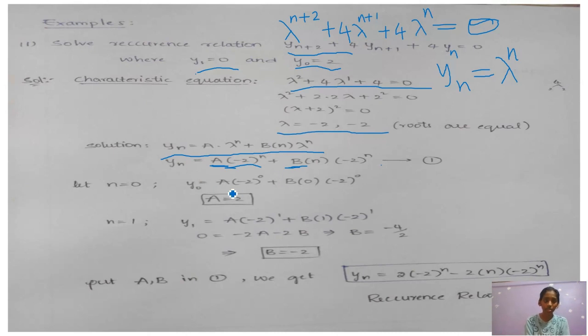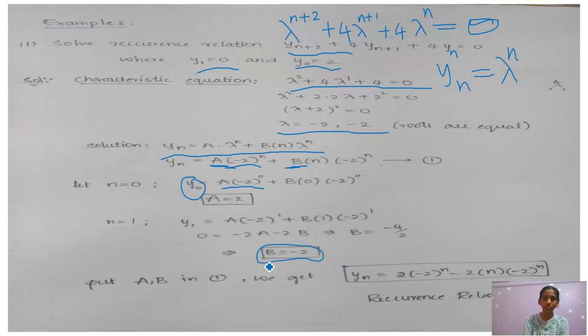We'll get y0 is equal to a into -2 power 0, which is a, plus b into 0, which will become 0 overall. So y0 is given as 2. So we'll be replacing y0 with 2. Then we'll get a is equal to 2. It is also given y1 as 0. So we'll be taking n is equal to 1 in equation 1. By solving that, we'll get b is equal to -2.